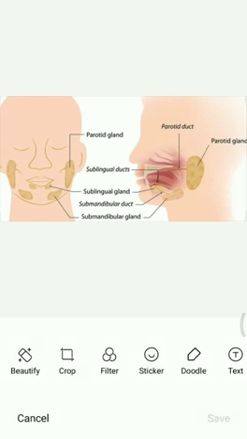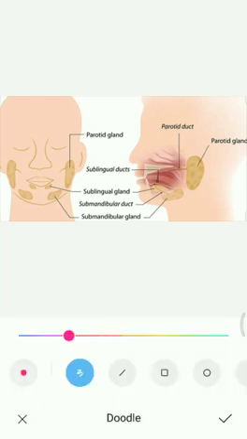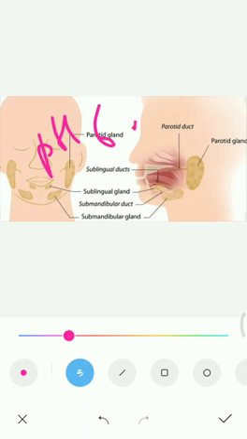One more purpose is there for the salivary glands. They help in maintenance of a pH of around 6.5 to 6.7, which is almost neutral, almost 7, and this neutral pH helps in the functioning of the salivary amylase in the mouth and the breaking down of the food particles.